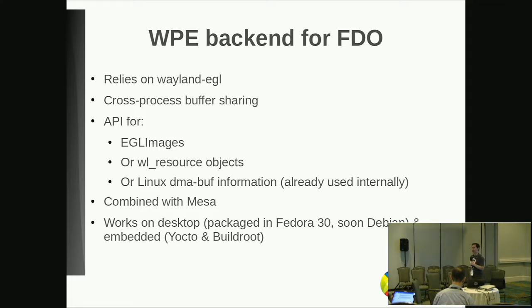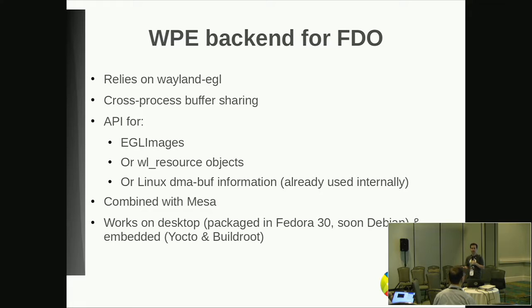But the main backend we have is called FDO, which stands for freedesktop.org. That's what we recommend in WPEWebKit upstream, because that's where most of the upstream developers work nowadays. It relies on the FDO stack, so that means Mesa, and it provides some API for specific things, for access to EGL images, which is quite convenient in some cases.